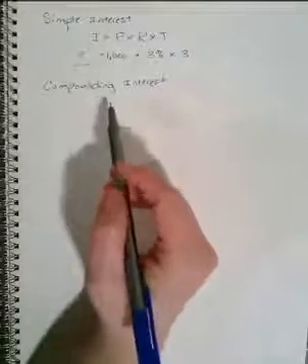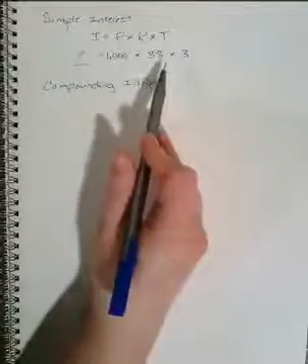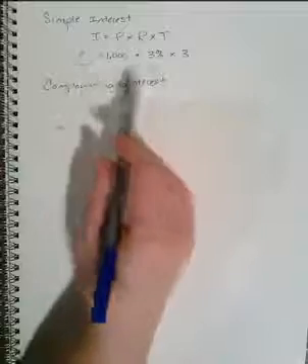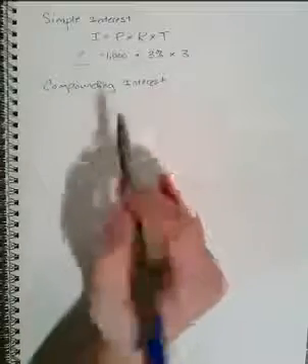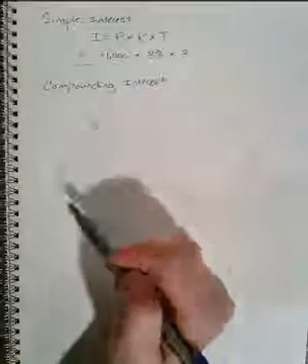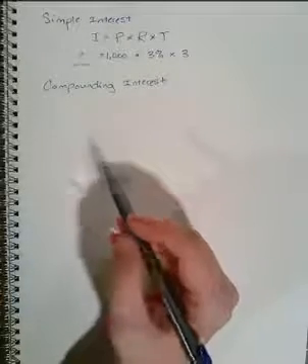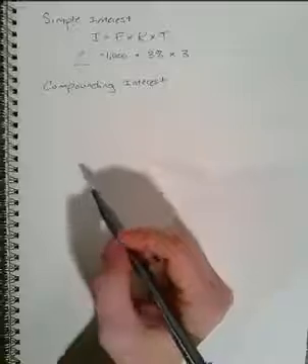So compounding interest, you can do it by hand with simple interest formula plus then just adding the interest each time you have a period. But there's a much simpler, faster, more streamlined approach using time value tables.